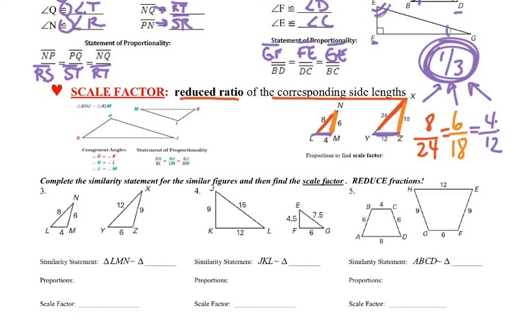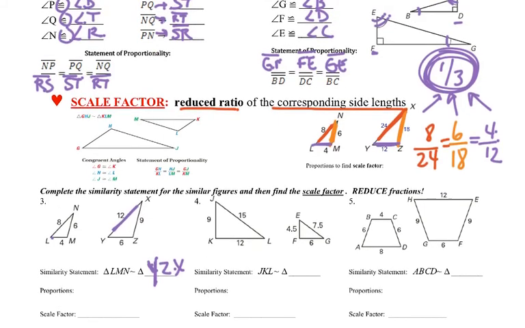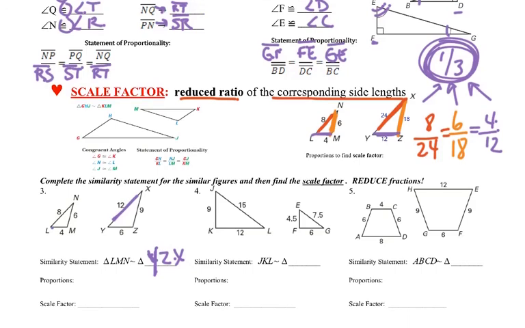So if we look at the triangles down here, this is the same triangle. This is just little different numbers. LMN is going to be similar, see the squiggle? LMN is similar to YZX. So the proportions would be like this, 8 over 12, those two go together.